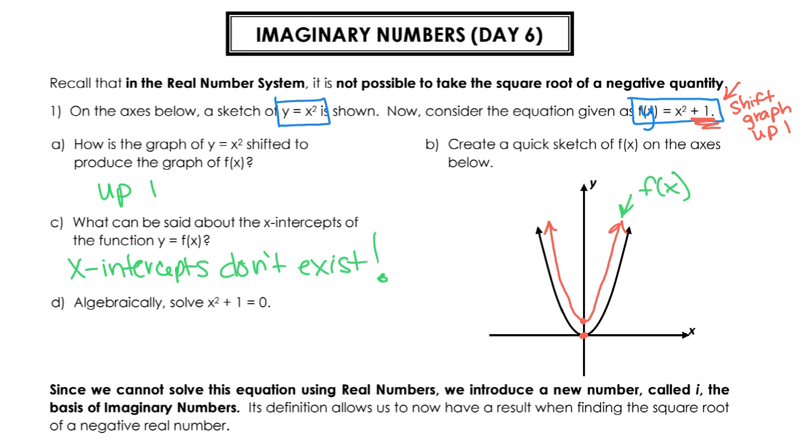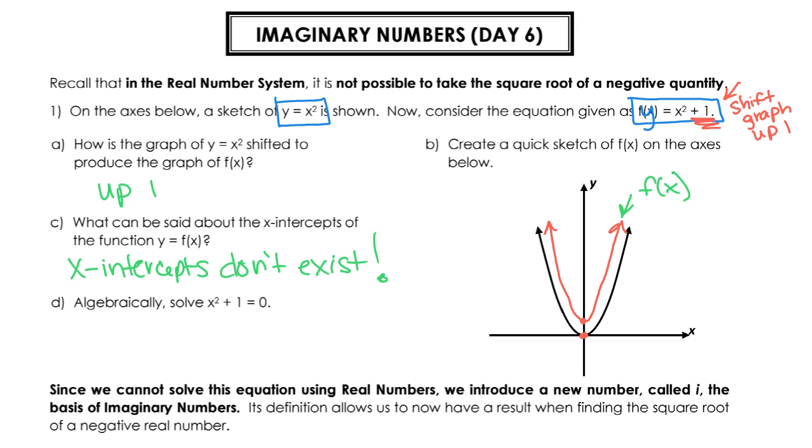Well, not any real ones anyways. All right. So in part D, it says algebraically solve x squared plus 1 equals 0 so that we can algebraically find the x-intercepts. Even though we don't see any x-intercepts, there aren't any x-intercepts. There's no real x equals, but there are imaginary.